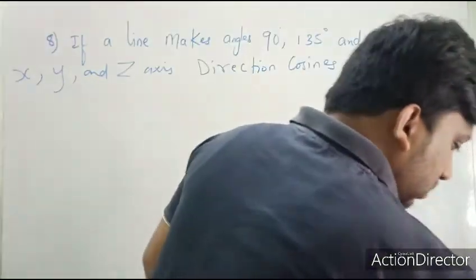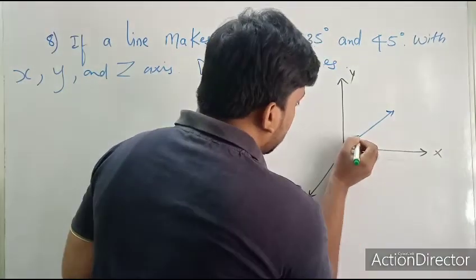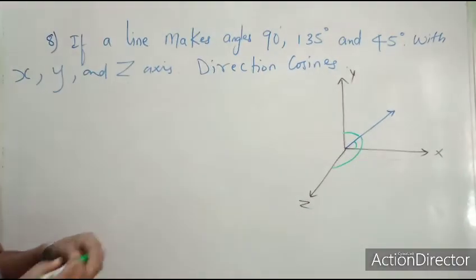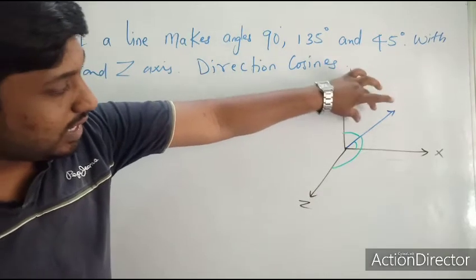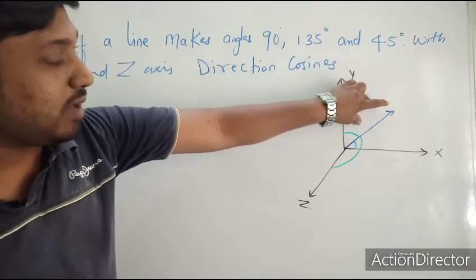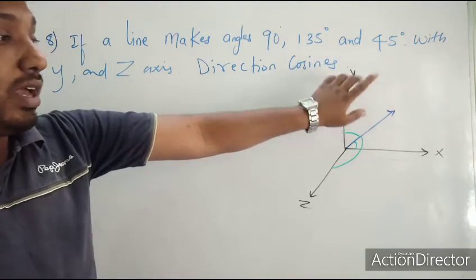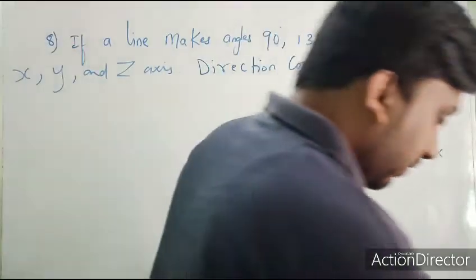So it has some angle with respect to x, it has some angle with respect to y, it has some angle with respect to z, right? Okay, so this vector is x into i cap plus y into j cap plus z into k cap. Okay, that is the representation of a vector, right?